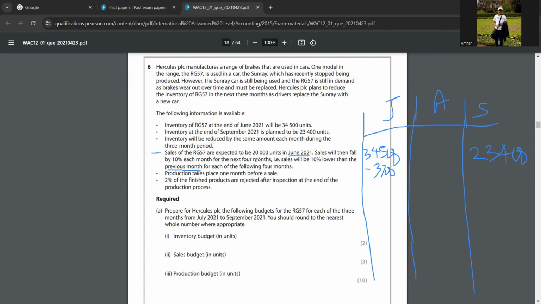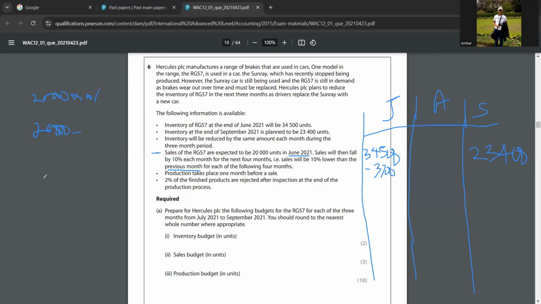So what you have to do is 20,000, that's the unit. So 20,000 into 10%. So I'll do the working in this side. So 20,000 into 10%. That will be 2,000. So 20,000 minus 2,000 will be 18,000.